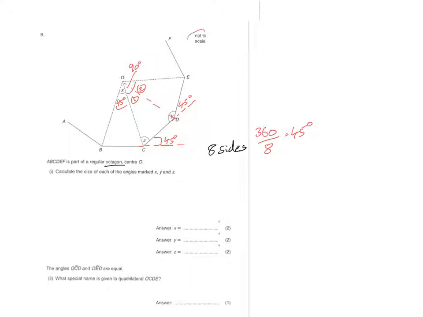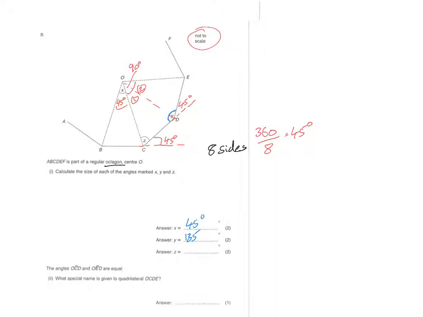But if you see, we have written here not to scale. Okay, so if we know that my exterior is 45, then we know that angle Y is 180 minus 45, angles on a straight line, so Y is 135. X, we've already said, is 45.